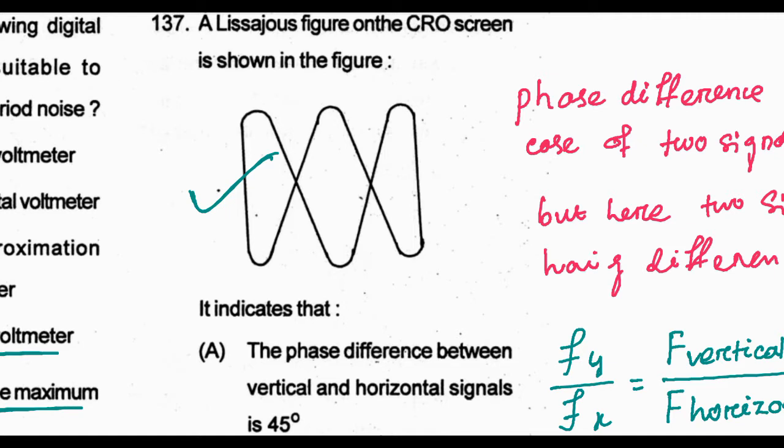This type of pattern is produced when the frequencies of the two signals which we are providing to x and y are not equal. If the frequency is equal, but the phase difference may or may not arise, then this type of image will not come.